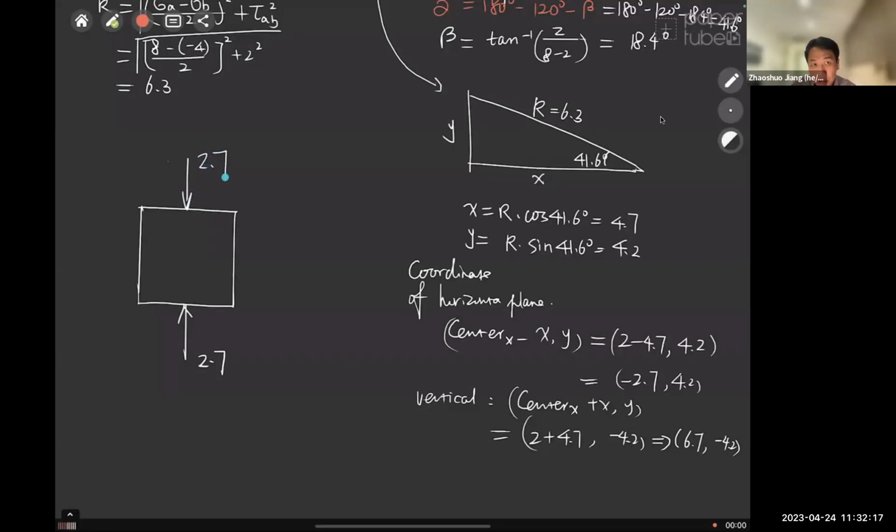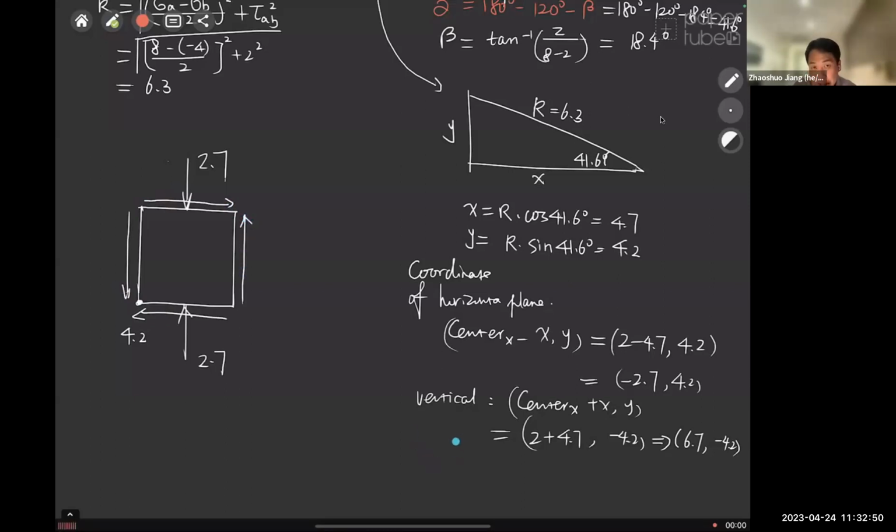So that is our 2.7 there. The shear stress is positive 4.2. That means it's creating clockwise moments. Therefore, that is the 4.2. Because of equilibrium at this point, the stress has to be 0. So the shear stress here is also 4.2, but it's pointing downward. On the other side, it's going to have the same magnitude shear stress, but in opposite directions, right? So that is shear stress.